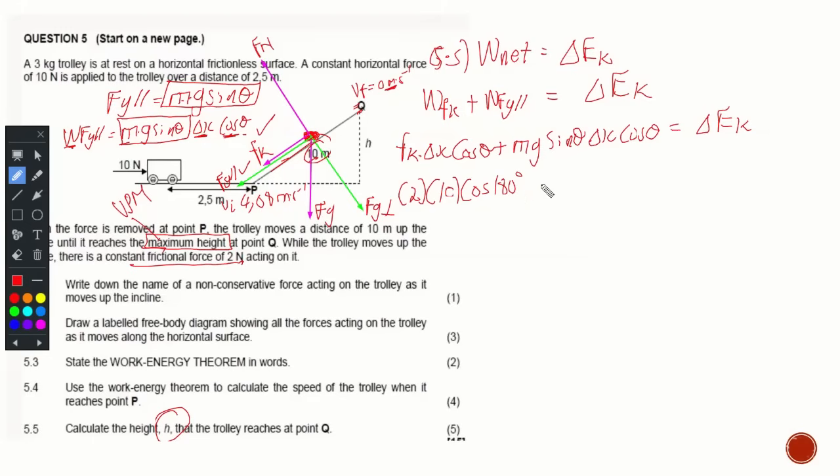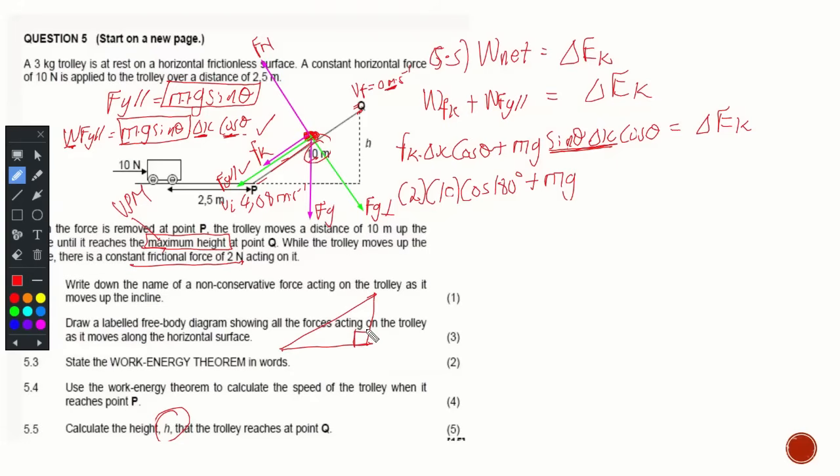Then here, I want you to note something. Here I have mg and then the sine theta delta x. Remember, we are looking for height, but then looking at this, we don't have any h. We only have delta x. And in this case, our delta x is not similar to h, right? Because this is an inclined surface. So it's moving like this, but then the height is that. Now, this is where you need to apply your knowledge of SOH CAH TOA, right?